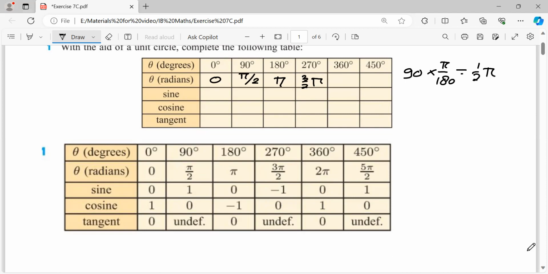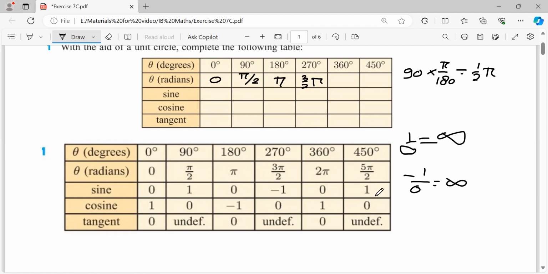But look, for tangent 90, tangent 270, and tangent 450, it is undefined. Why undefined? Because as you know, tangent equals sine over cosine. If 1 over 0, undefined. The same as well with negative 1 over 0, undefined as well.